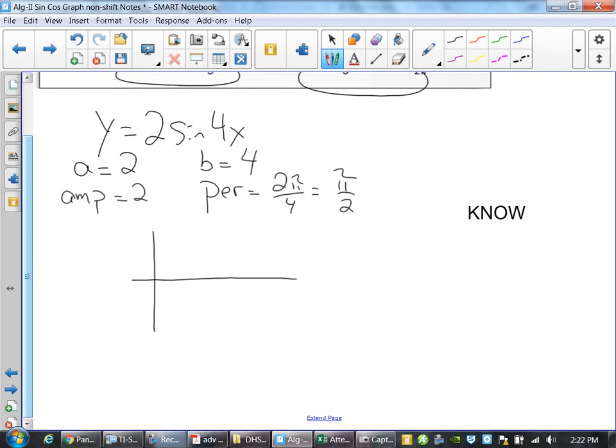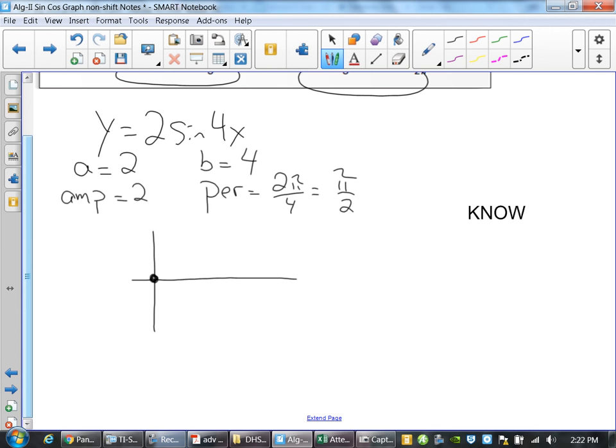So I know that sine starts at 0. I'll write that down again. Sine starts at 0, cosine starts at the A value. Okay.